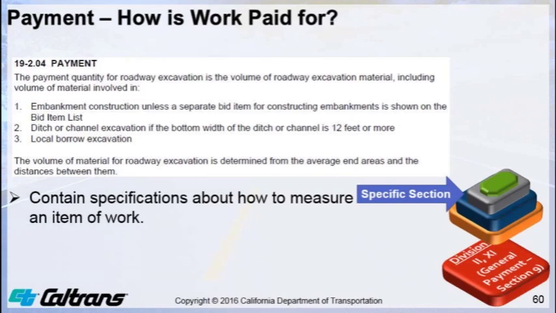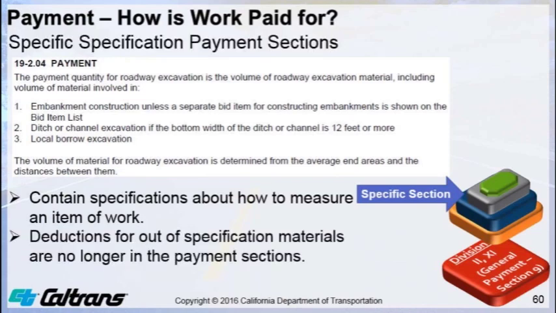There are a lot of the specific specification payment sections, though, that are still not used because the bid item unit of measure is sufficient, so no additional specification requirements are shown. The other thing you need to note here with the 2015s is that the deductions for the out-of-specification material are no longer in the payment sections, but are now located in the department acceptance section under the quality assurance section.